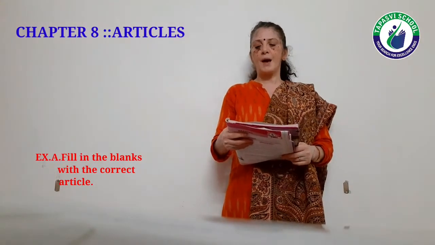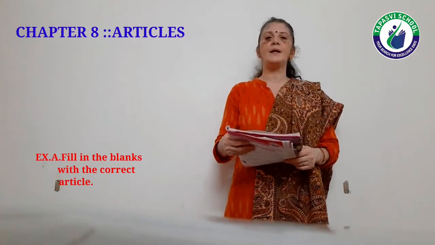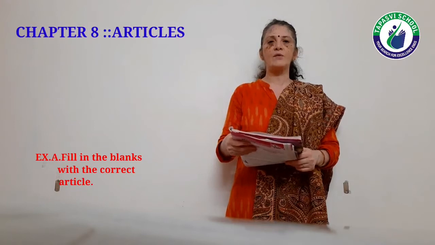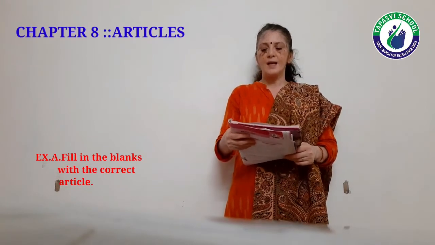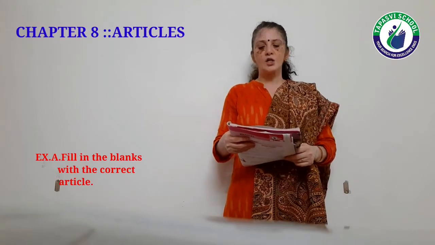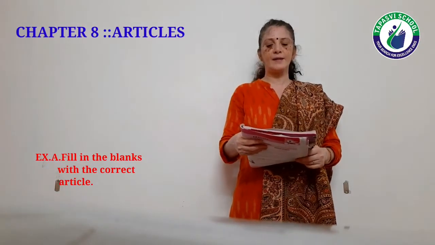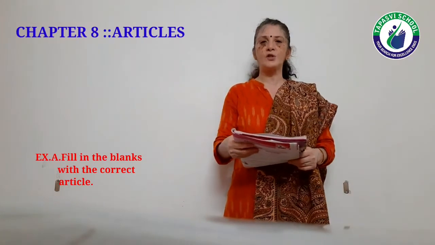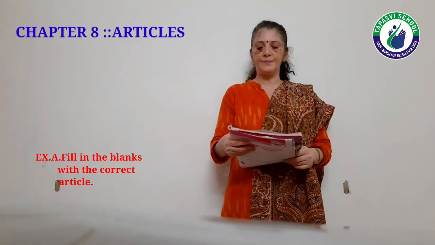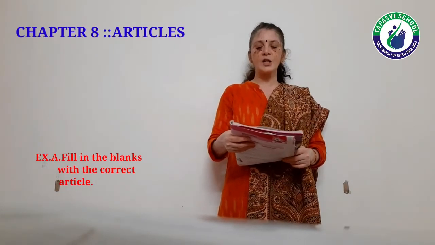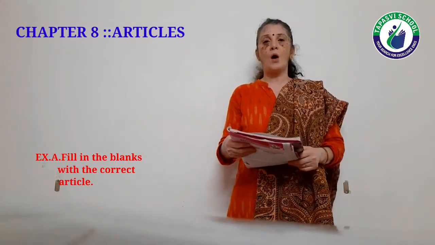Fifth, my aim is to become dash engineer. Engineer has a vowel sound, so we write an. Sixth, though dash European by birth, Jai always considers himself Indian. European has a consonant sound, so we write a. Seventh, our principal is dash honorable person.